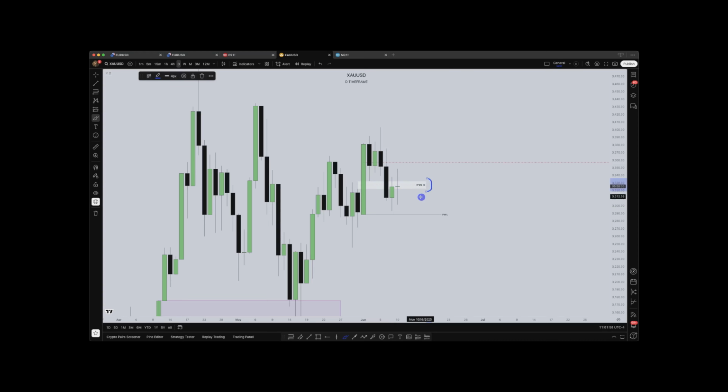So this area now became an inversion fair value gap, which is used like an opposite. It's not anymore support or resistance. It's now acting like a platform, launching the price to the other side. So after price goes through this area and comes back, the idea is that once it's here, we're expecting this area will eject the price, in this case to the sell side.